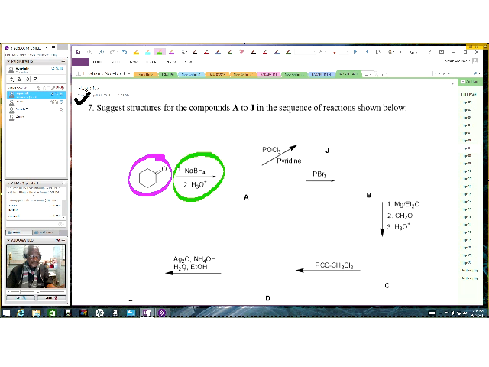Okay, form alcohol, excellent. In other words, anytime you have a ketone and you have sodium borohydride followed by hydronium ion, sodium borohydride will convert the ketone to a secondary alcohol. That is very, very good.